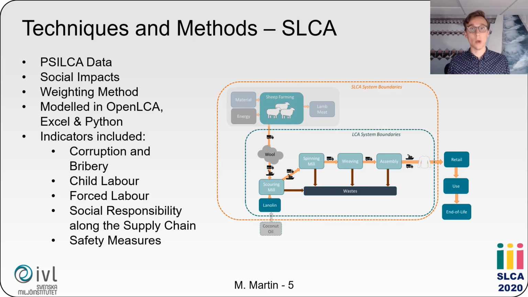We use the weighting method that actually comes with the PSILCA database. We modeled everything in OpenLCA, Excel, and Python because the data that PSILCA outputs tends to become pretty large. We have 5 indicators, and they are corruption and bribery, child labor, forced labor, social responsibility, and safety measures.